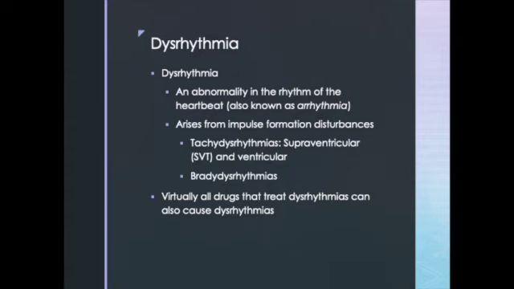If you have a bradydysrhythmia, there are few treatments, but typically you're going to have to introduce electronic pacing or a pacemaker. When drugs are indicated, you use atropine as the first-line agent for bradydysrhythmias. But again, we're going to be talking more about the tachydysrhythmias.